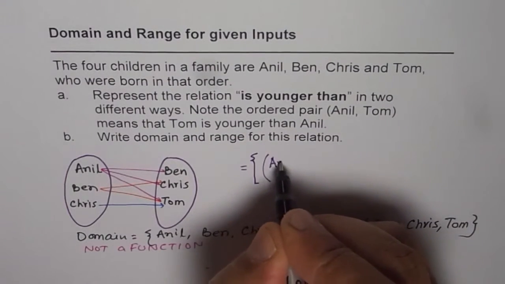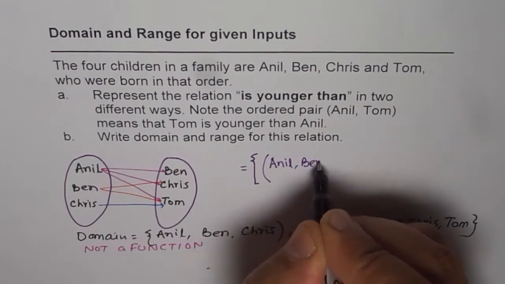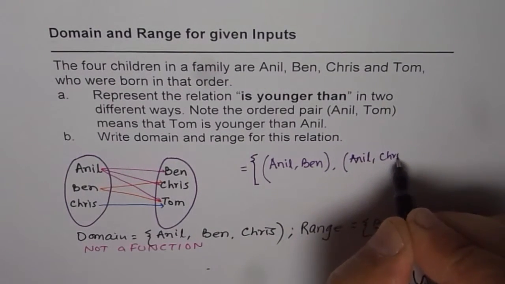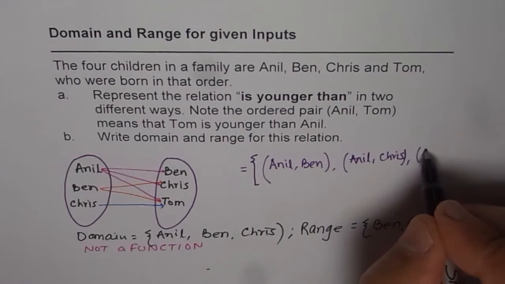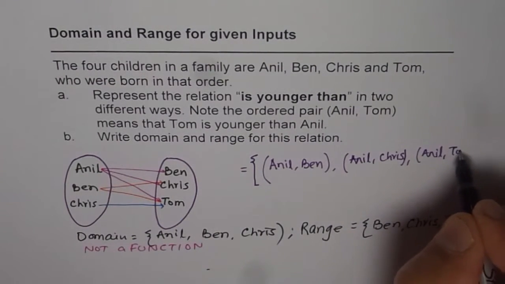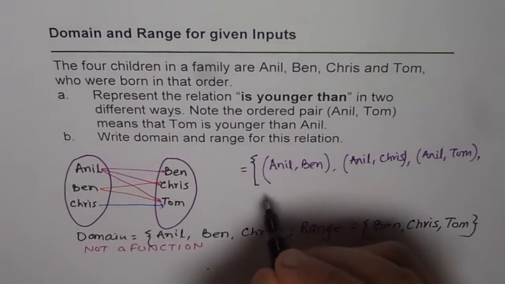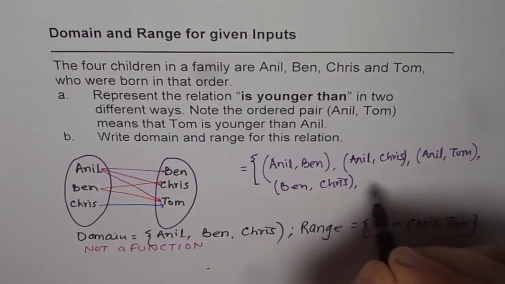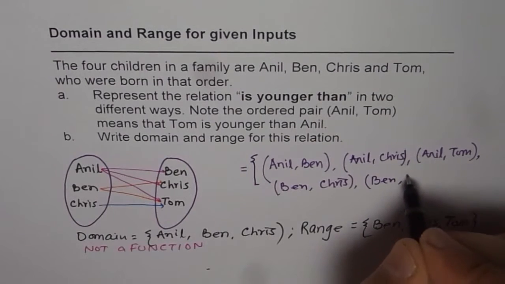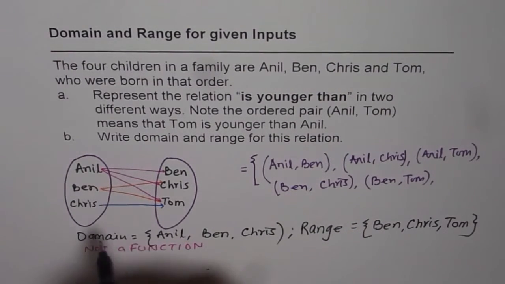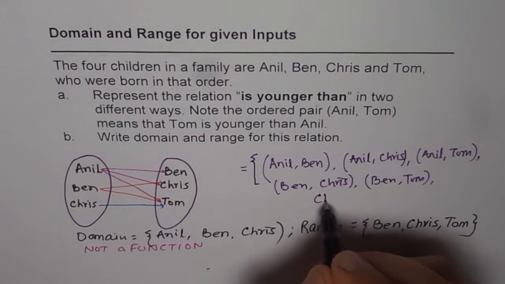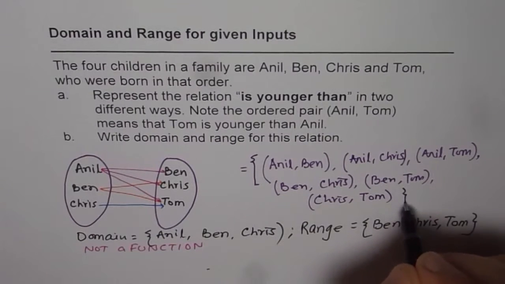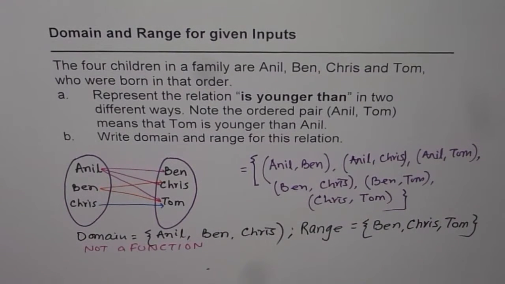So we'll write (Anil, Ben), and then (Anil, Chris), (Anil, Tom), and then for Ben, (Ben, Chris), (Ben, Tom), and then (Chris, Tom). So that is a set of ordered pairs.